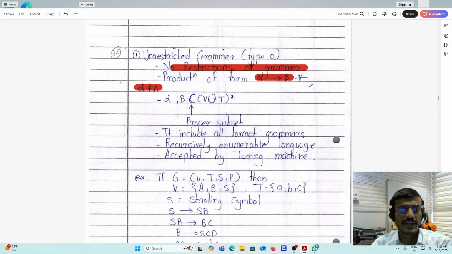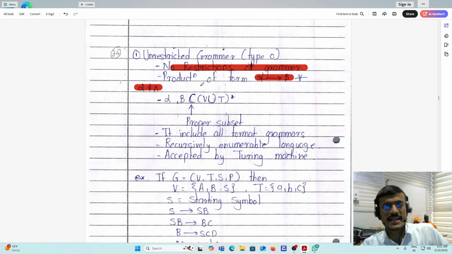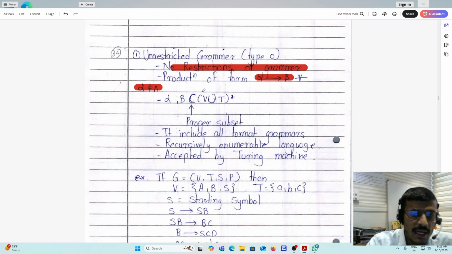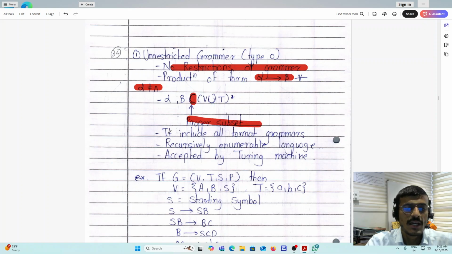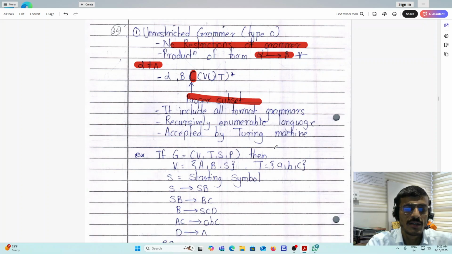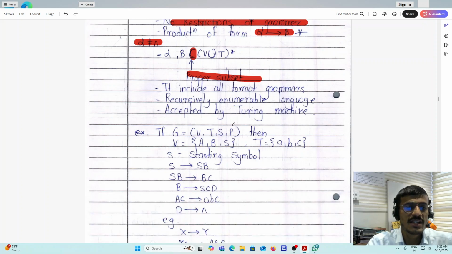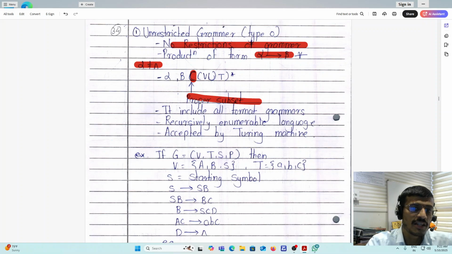So in the production alpha tends to beta, on the LHS of the production there should not be a null transition. That is the restriction. So alpha comma beta belongs to (V union T) star, proper subset. It includes all formats of grammars, recursively enumerable languages accepted by Turing machine. That is the thing which is related to the unrestricted grammar.